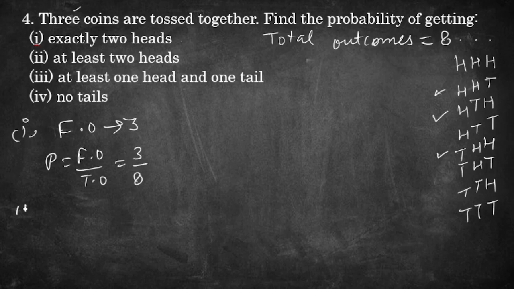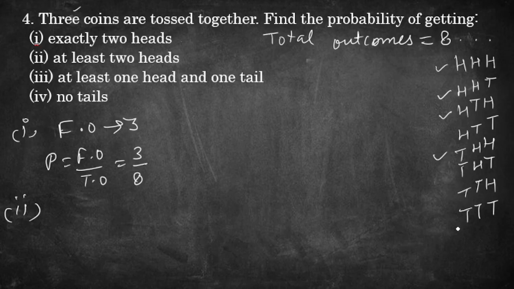Now, second, at least 2 heads. At least 2 heads means it can be 2 or more than 2. So now let's see where we can find 2 or more than 2 heads. Here it's 3, here 2, here 2, here 2. The ones with 1 head, 1, 1, and 0 will not be considered.